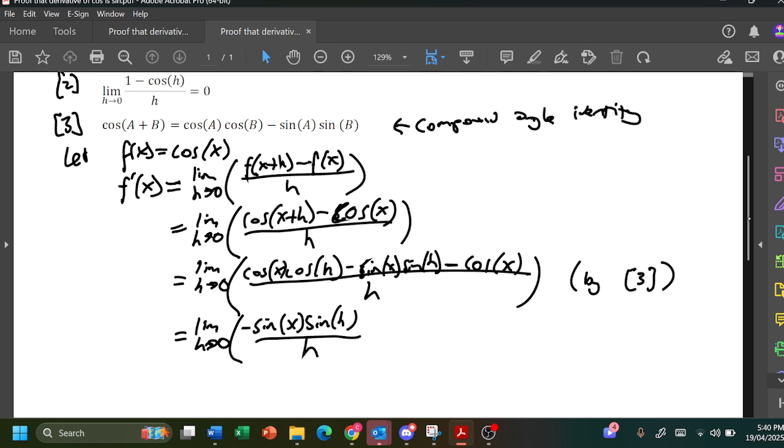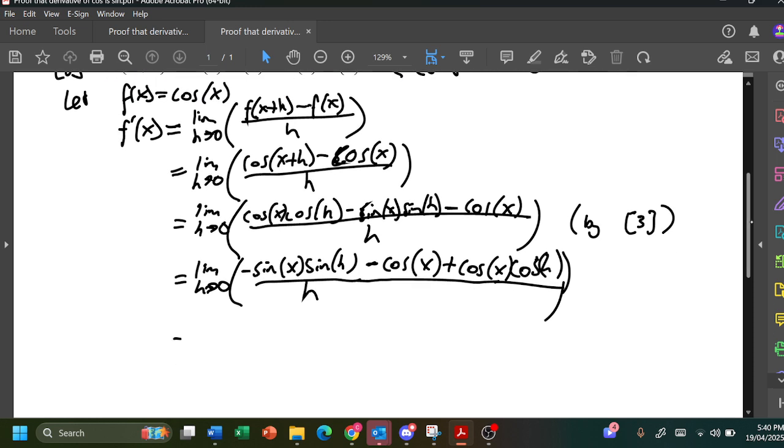And let's say we'll extend this like this before we split the fraction. We could write this as negative of cosine of x plus cosine of x times cosine of h. So all I've done there is I've just reordered that sum that's up the top of the fraction a little bit. Now I'm going to split that fraction.